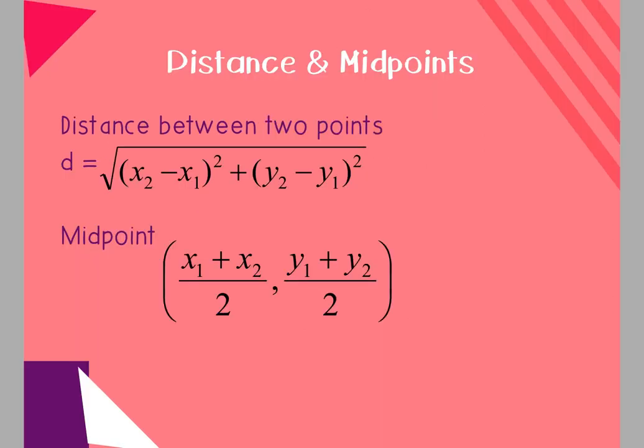Okay, next up are 2 formulas that you have got to have stored somewhere in your formula bank. And they are the distance and the midpoint. So the distance is the distance between 2 points. It is the square root of (x2 minus x1) squared plus (y2 minus y1) squared.